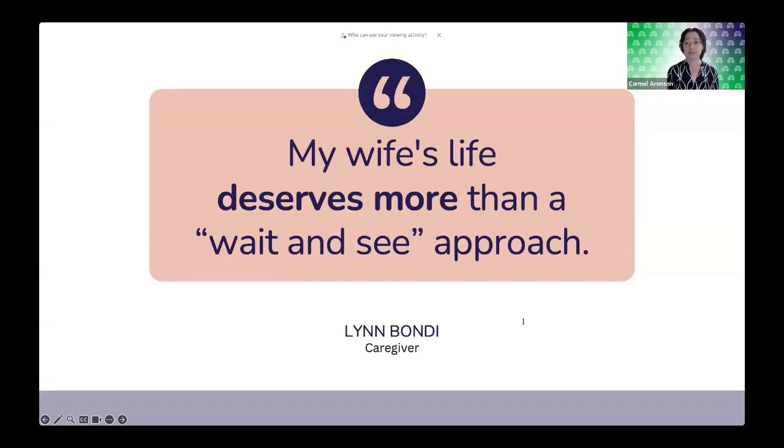For whom, I ask? Having my loved one die on the wait list because of your new unfounded policy is not a difficult transition. It is unconscionable, and it is avoidable by using the science that is already available to make informed decisions. My wife's life deserves more than a wait-and-see approach."